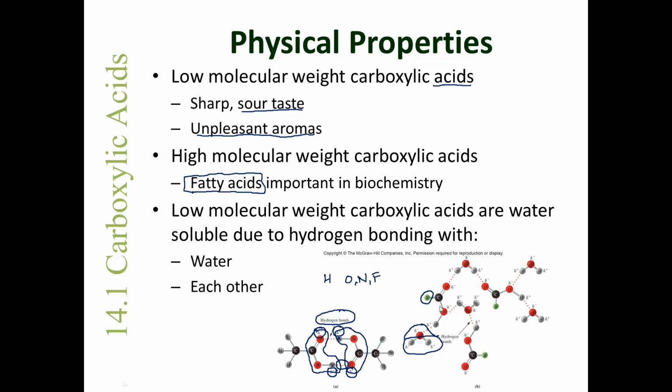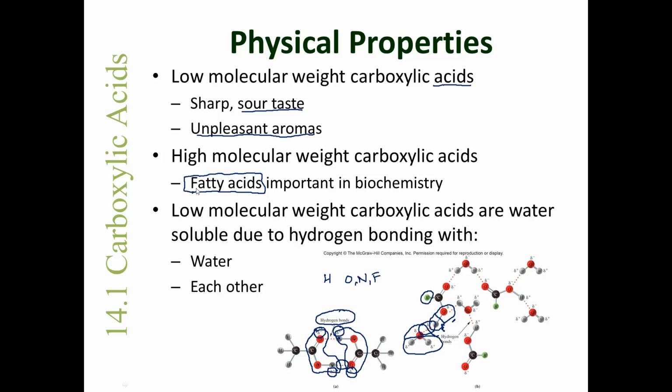And then if you look at this, we can draw a line through this part of the carboxylic acid, and it's strictly positive on this end, and strictly partially negative on this end. So again, it's a special form of dipole-dipole interaction, which we call hydrogen bonding, which again makes it hard to separate the carboxylic acid from the water, and therefore this carboxylic acid would definitely be water soluble unless R gets too long.